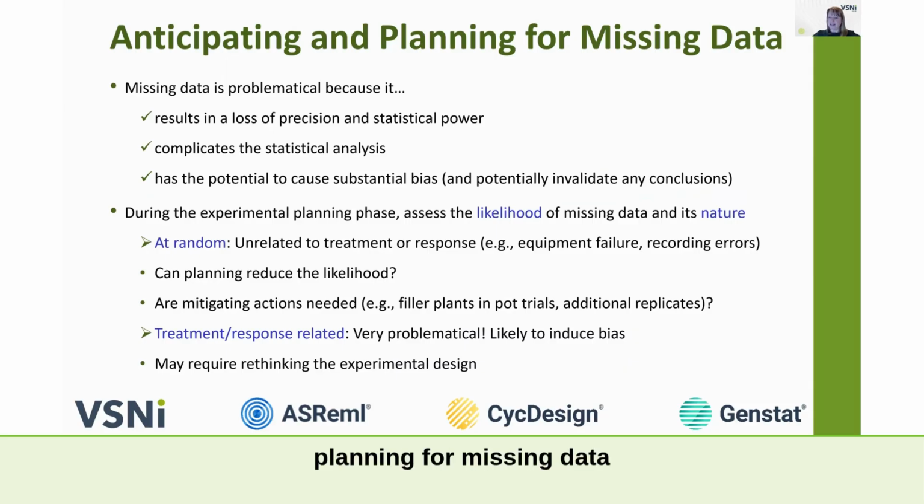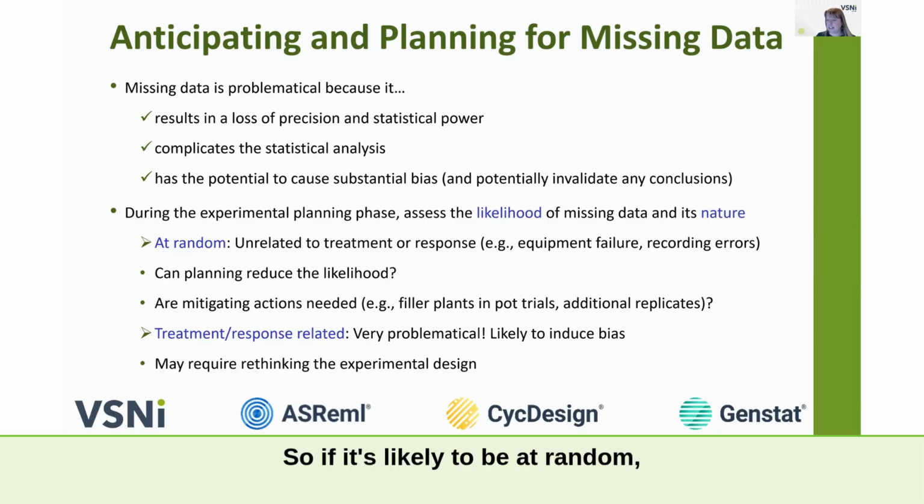Now, planning for missing data is also very important when we're designing our experiment. Missing data is a right nuisance. Not only does it reduce statistical power, it also complicates our analysis, and it may even bias the results that could invalidate our conclusions. So during the design phase, considering both the likelihood and the type of missing data is really important.